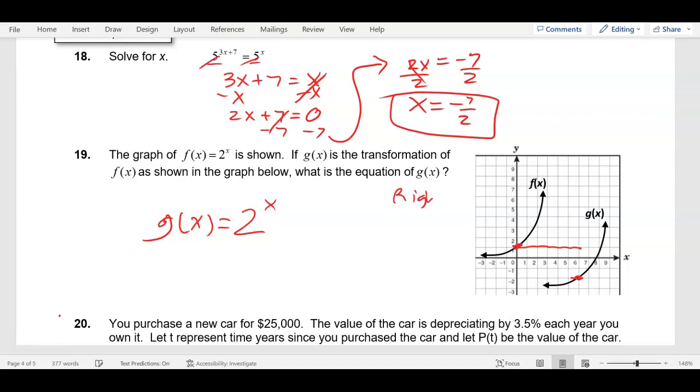So right 6, and it goes down 3. So remember, in the exponent, that's where your insider, right 6 is going to be -6, because up top in the parentheses, it's a line, horizontal. And then the down 3 is going to be just a big old -3 out here. That's where your vertical changes. Okay?